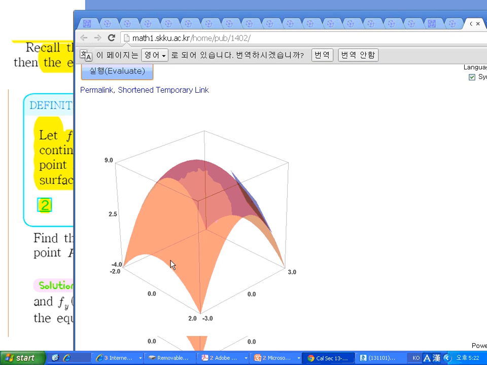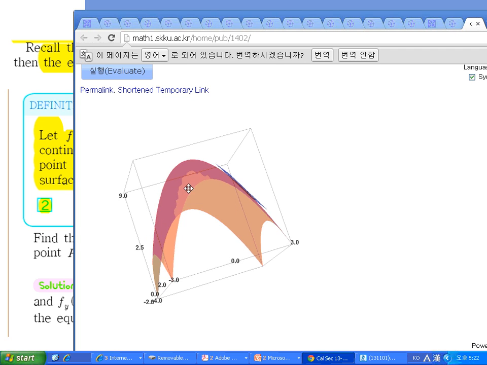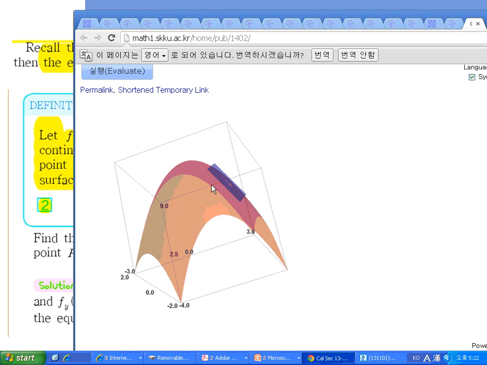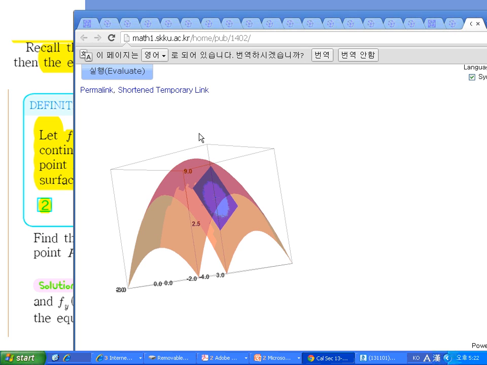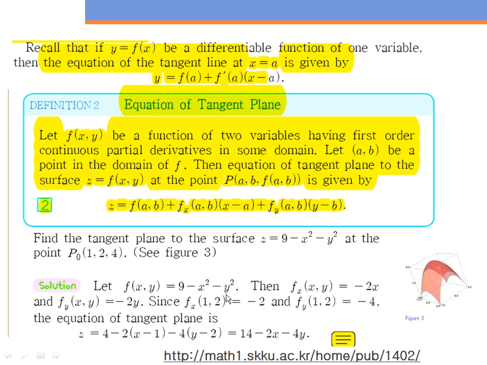If we draw it, it gives this, which shows the tangent plane, the blue lines, at the point on the surface of the equation that we had, g, 9 minus x squared minus y squared.